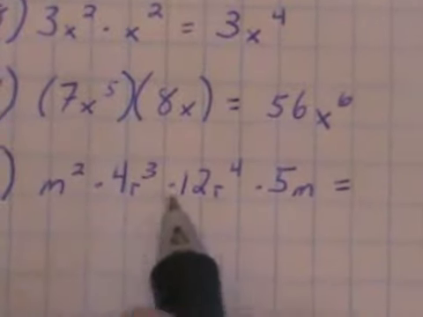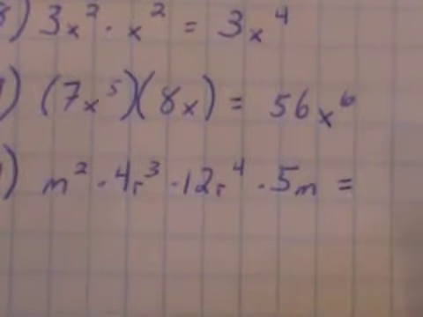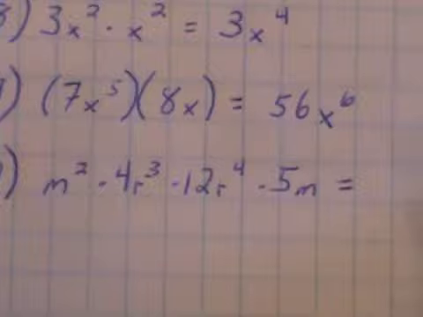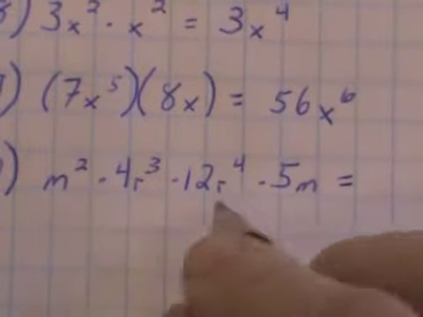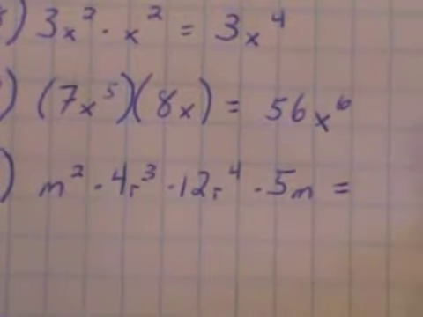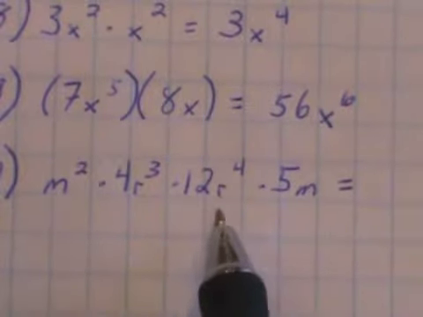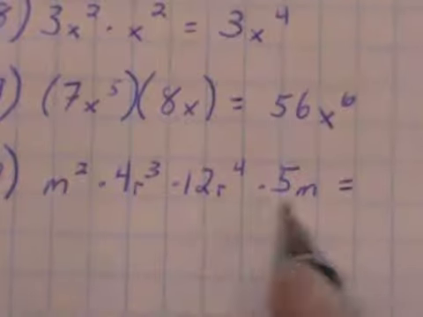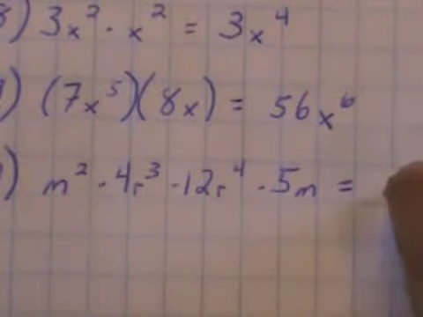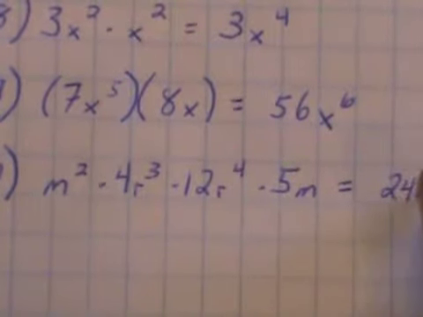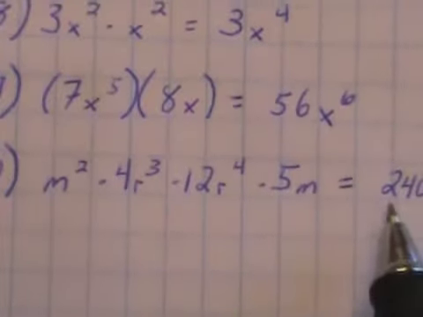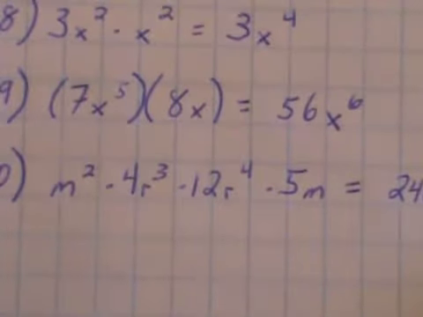All right, I get 240 r to the 7th m to the 3rd.